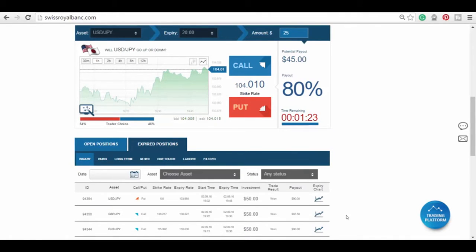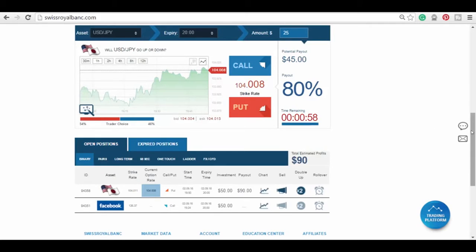And let's take a look at the expired positions. So far, we have 3 positions that we traded, and all the 3 trades are winners. And here's the summary. And Facebook and USD JPY are our third and fifth trade. So we have 5 trades so far.